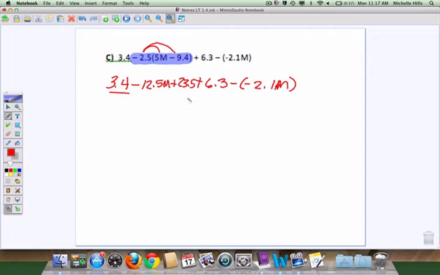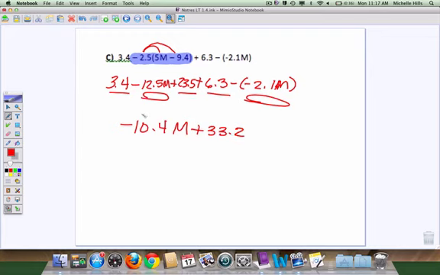I have a constant, a second constant, and a third constant, and I have two m terms. M should go first in my final answer, so negative 12.5 minus a negative 2.1 on the coefficients of my M is a negative 10.4 M.